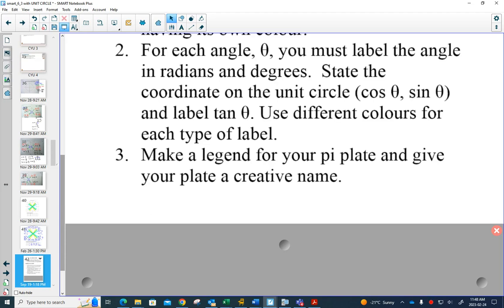Making pie a piece of cake. Anyway, so you can have fun. You don't have to, like, this one's named Gary. This is Gary the snail. That's the name of this pie plate. Doesn't have to have pie involved in it. So you have choice of making it creative and making it your own.